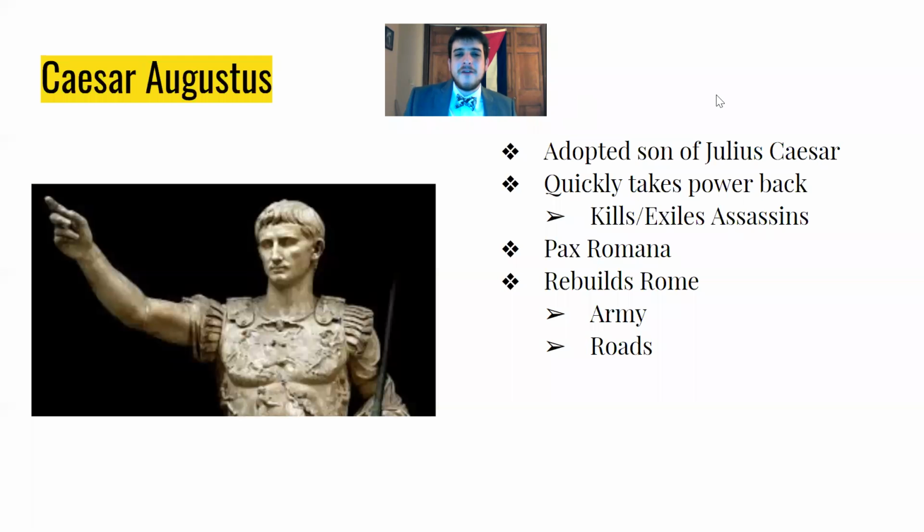So when we left off, we were talking about the murder of Julius Caesar. Now, after Julius Caesar is assassinated, his adopted son, Caesar Augustus, is going to take power. Caesar Augustus already was a very popular leader in ancient Rome, and he's going to quickly take this power back. He is going to use the power of the people to quickly eliminate these assassins.